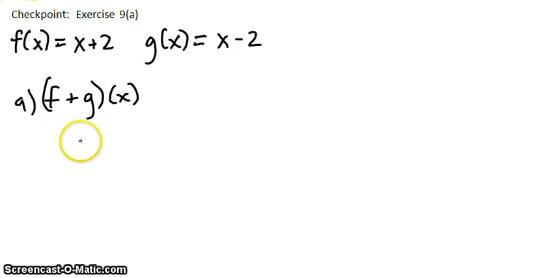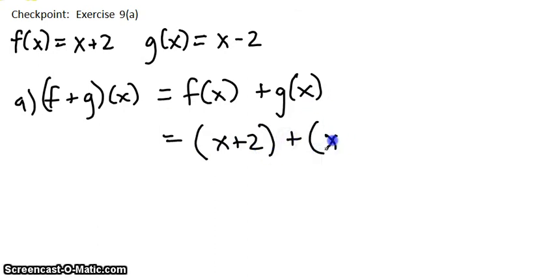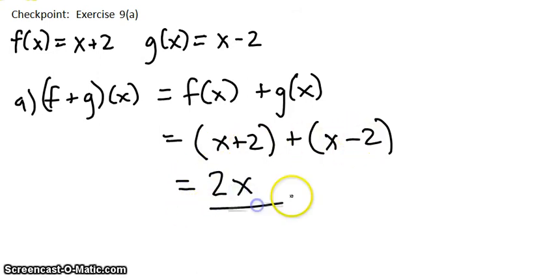We're going to find what the first function added to the second one is. Using properties of algebra, I'm going to combine the two x's, and the plus 2 and the minus 2 cancel out. There's your answer. Your answer for 9a is just 2x.